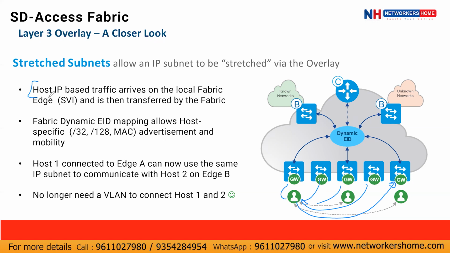Host IP based traffic arrives on the local fabric and is transferred by the fabric, which means that if there is any specific endpoint connected with the same gateway on this edge 1, on the same VLAN SVI, consider this as VLAN 3, and this endpoint is also on VLAN 3, the control plane already has this information. So it will be a direct communication.